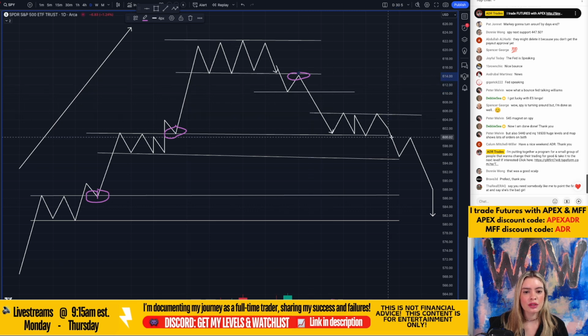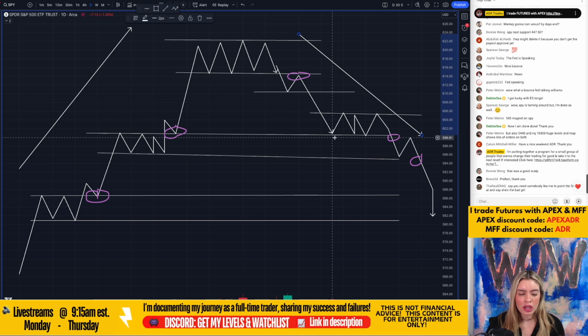We want to enter here, and then we want to enter here. Same thing: break, retest. We are in a downtrend, guys. There's no reason for me to try to catch these bounces. We're going lower, and the bigger move is with the trend.